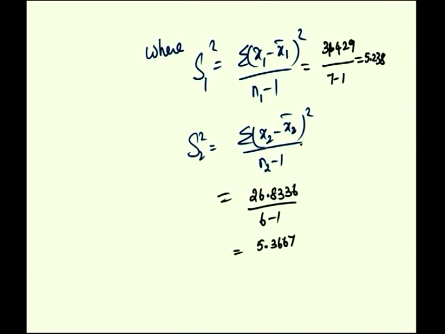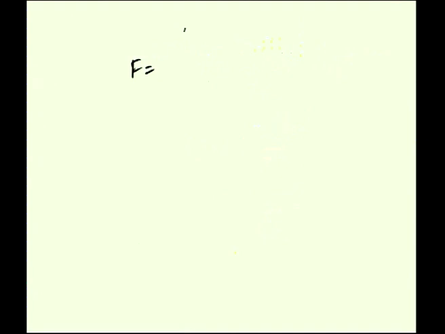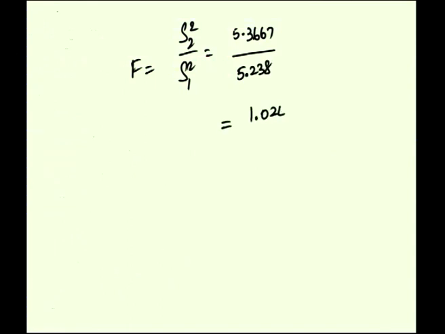Actually 5.3667 is greater, therefore F, the formula is S2 square by S1 square, which is 5.3667 by 5.238. This value is 1.0245. This is your calculated F.